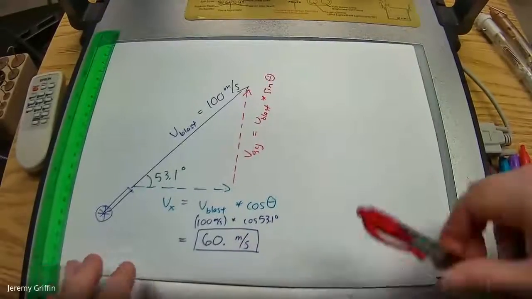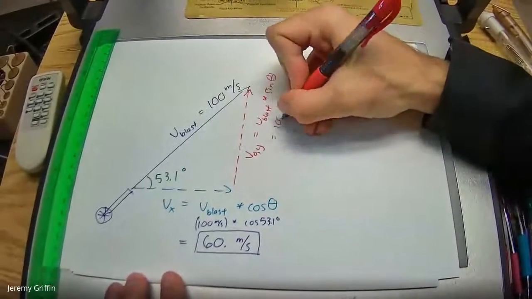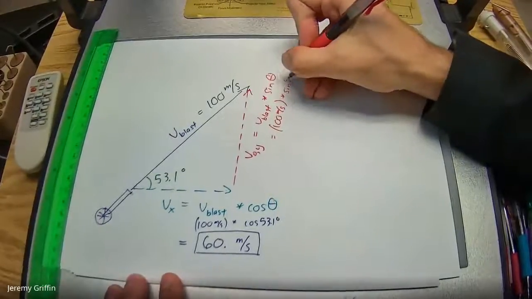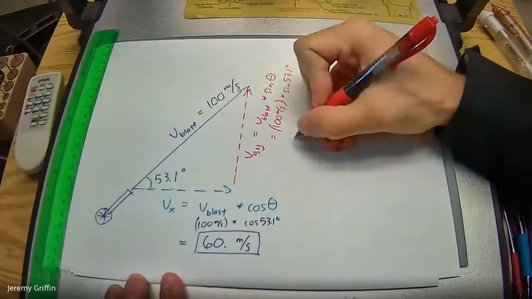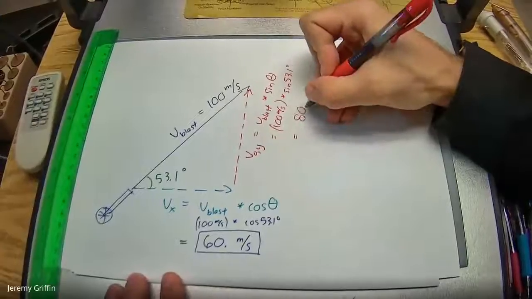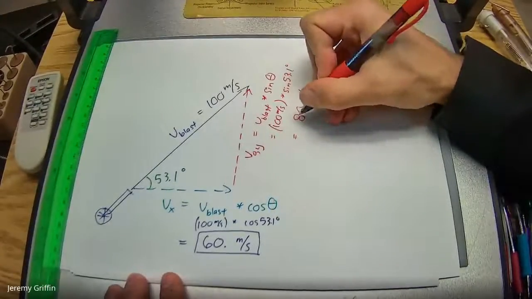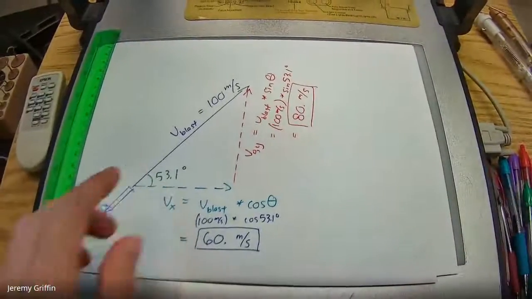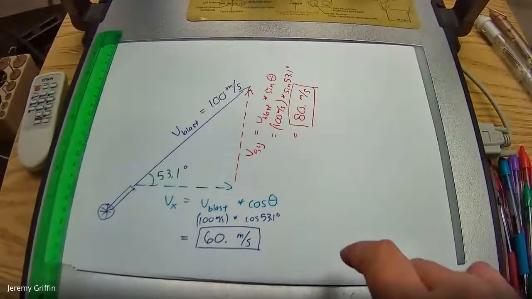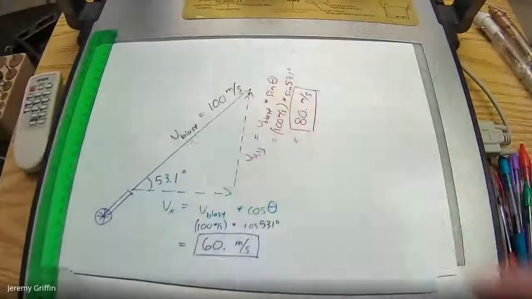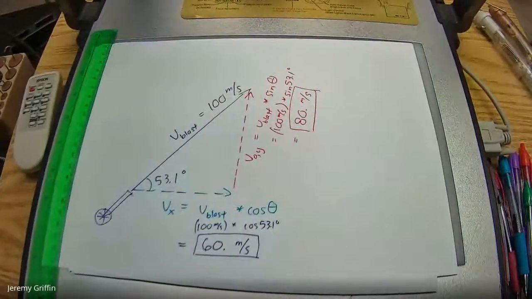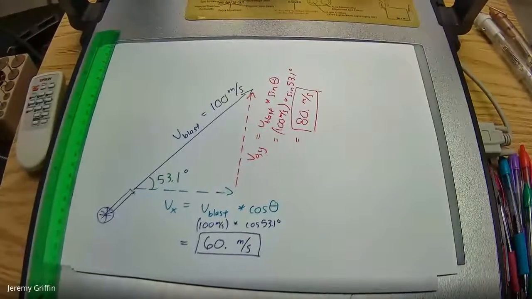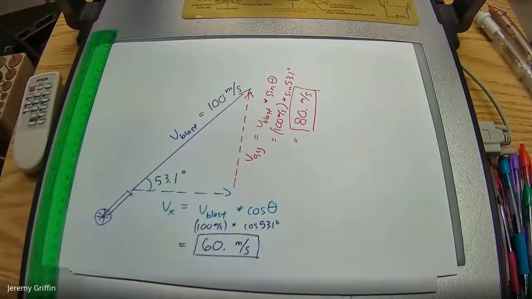And 100 meters per second times sine of 53 degrees? 80 meters per second. I bet so many of you, as soon as you saw that 53-degree angle, knew this was going to turn out to be a what triangle? 3, 4, 5. 60, 80, 100 reduces to 3, 4, 5. Sure does. That's the first question answered.